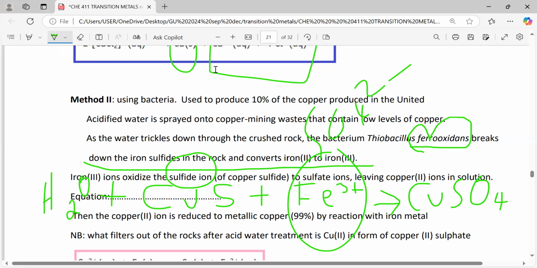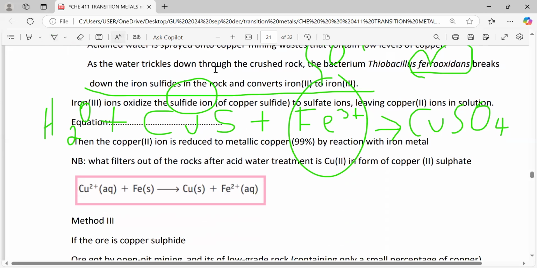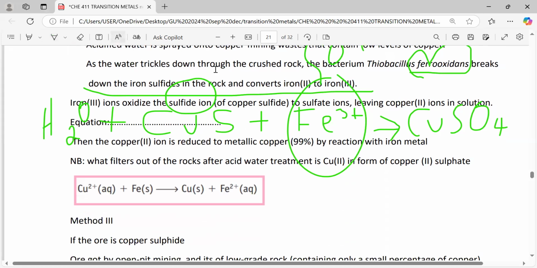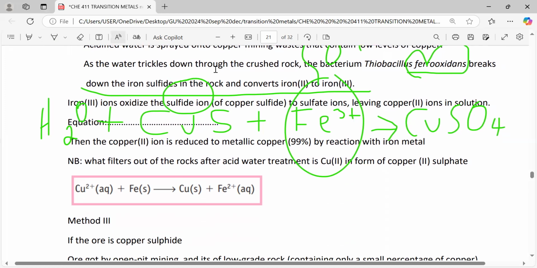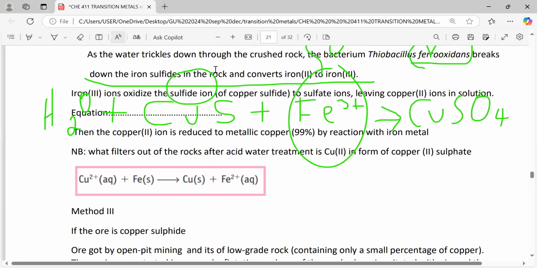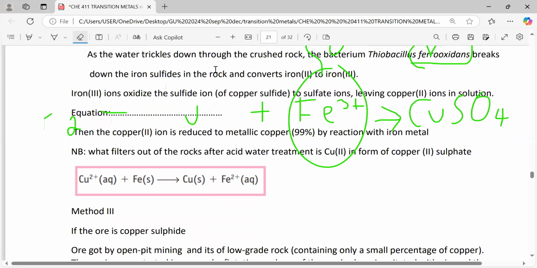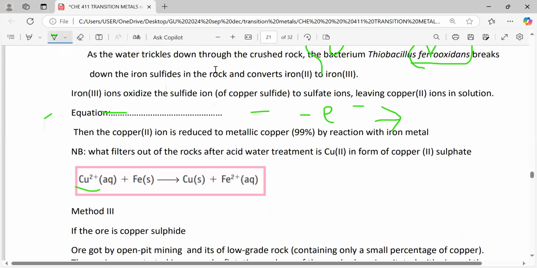So we shall see again if we have that equation in the notes, but if it's not there, we should be able to formulate it. So you have copper 2 plus, and this copper 2 plus is in the form of copper sulfide. Okay, so forget about my equation here, it's not accurate. So it's copper 2 plus here in the form of the sulfide.